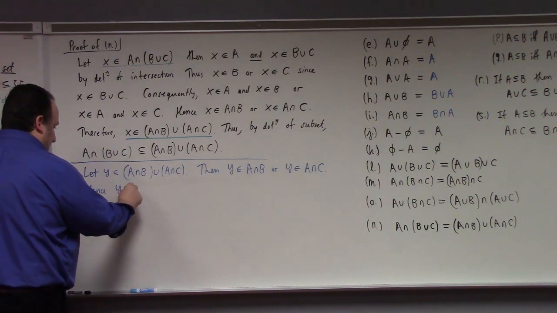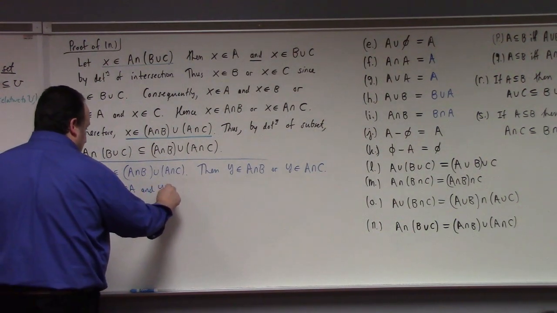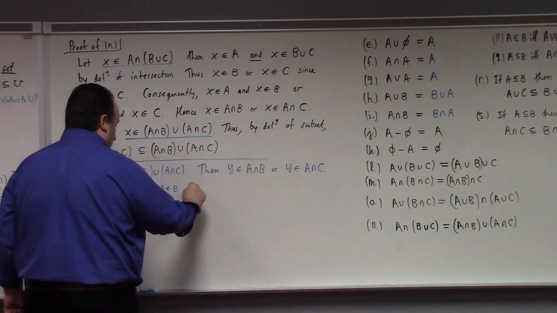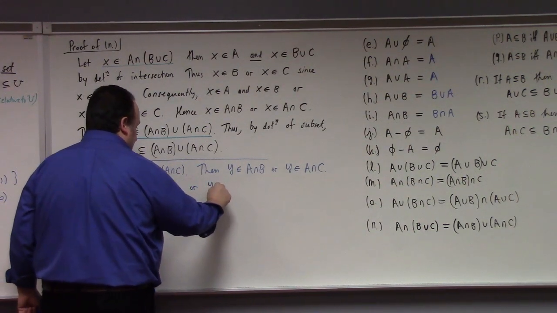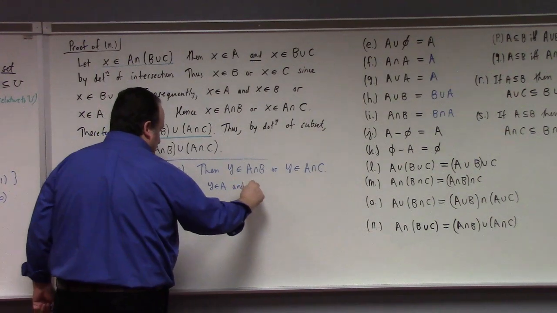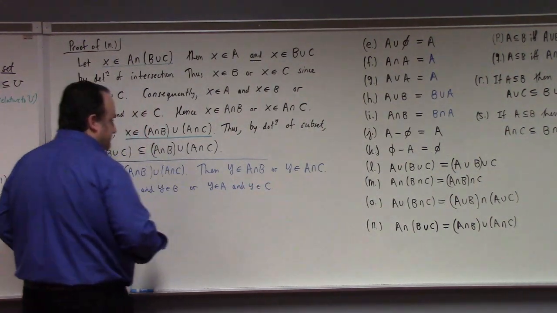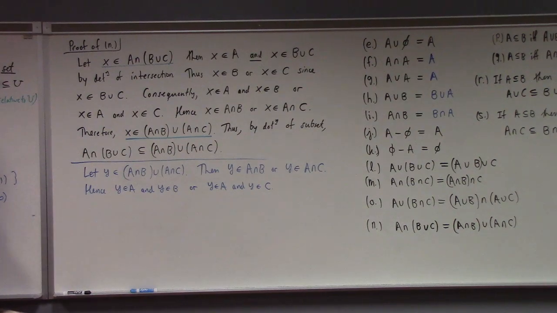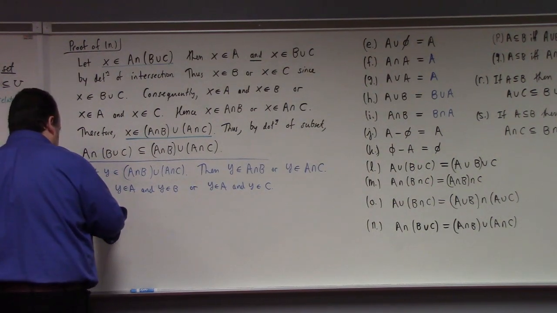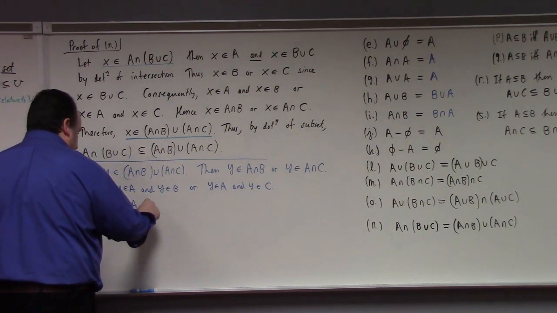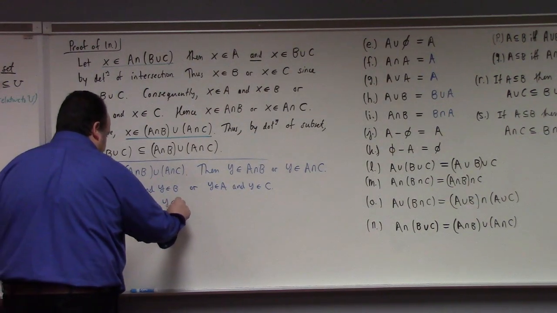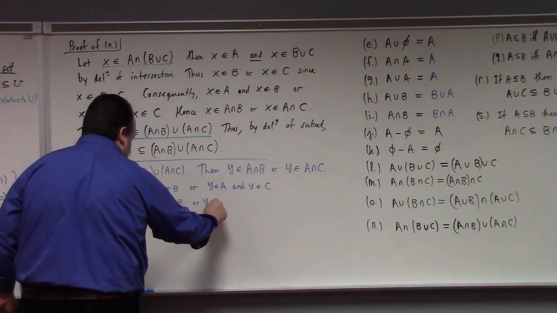Y is an element of A and Y is an element of B, or Y is an element of A and Y is an element of C. But what does this mean? In both cases, Y is an element of A, right? Thus, Y is an element of A, and Y is an element of B, or Y is an element of C.